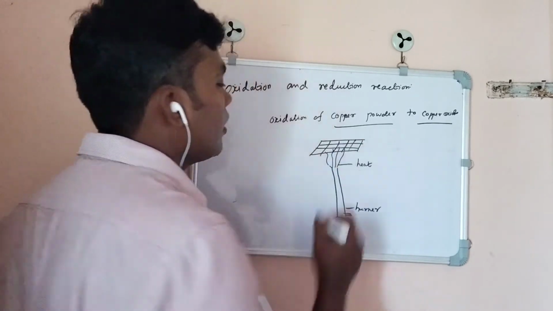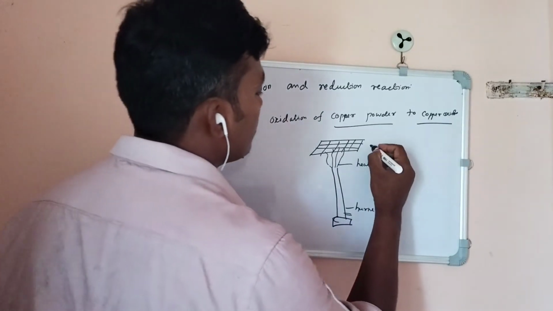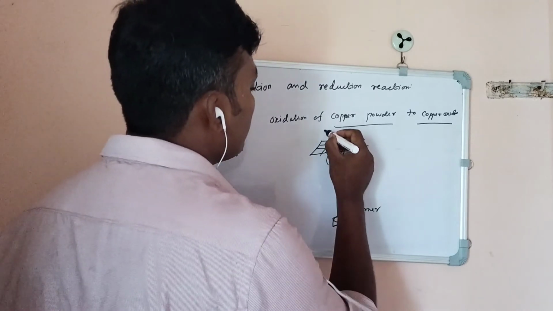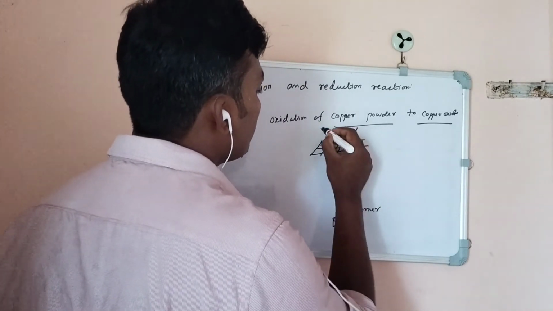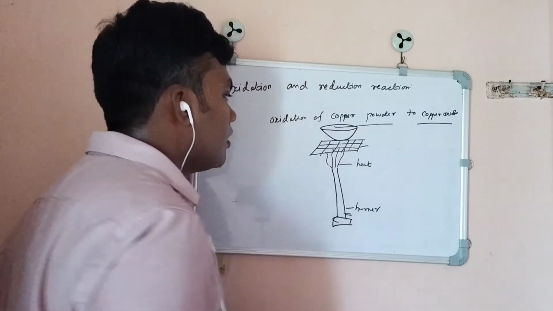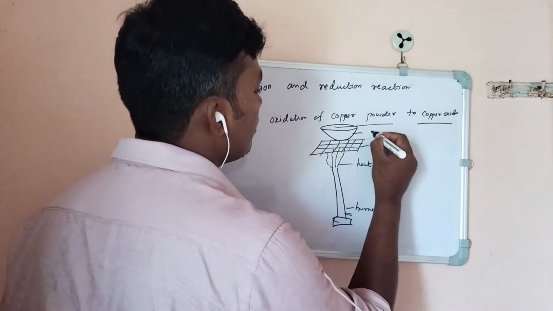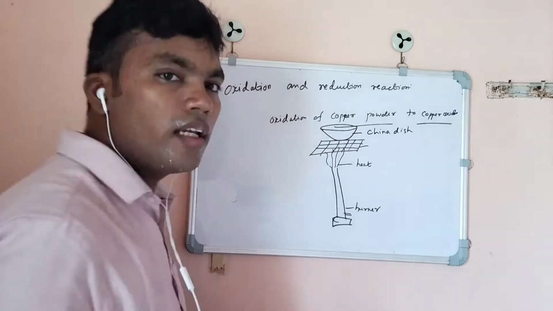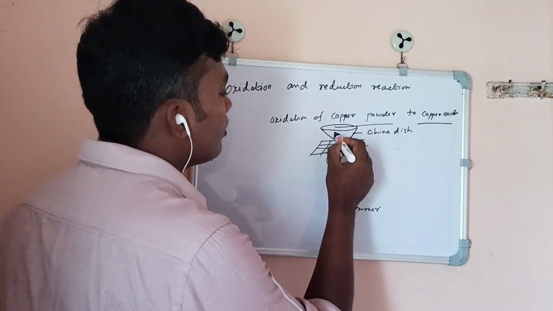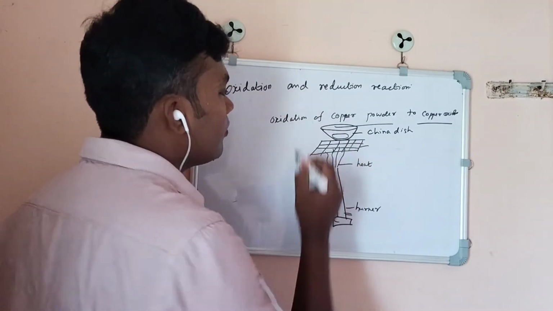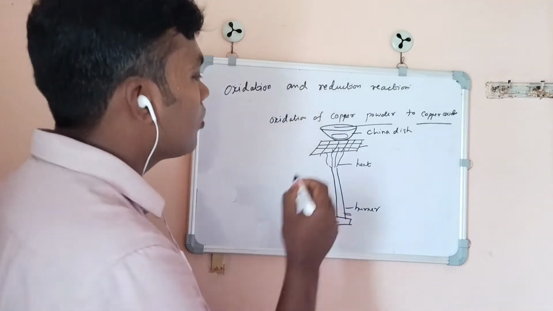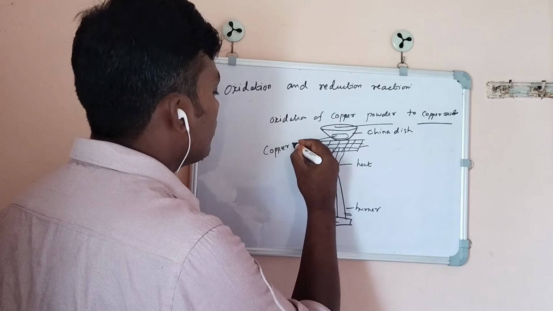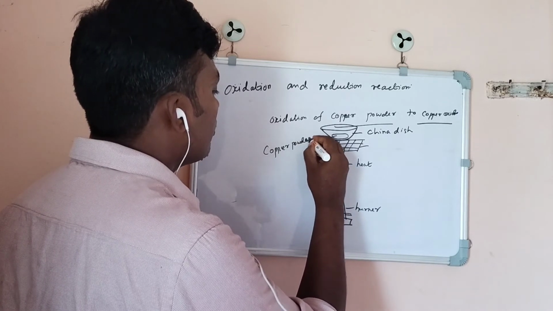Here they have given this as a wire gauze, and then keep here one small china dish. Then put your sample. What you are going to put here? Copper powder.